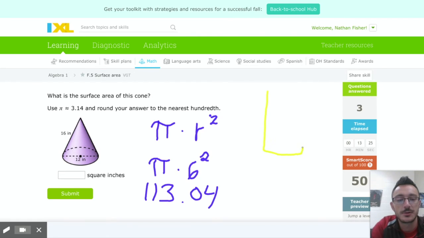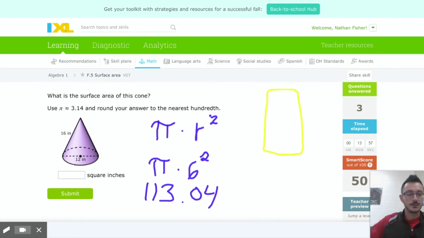And it would be something like that. So I'm thinking that I know the long side is 16. So I know one of our sides is 16. However, because I'm unfolding it, I need the circumference, or how far it is, the perimeter basically of this circle, and that's going to be our other side. That's how much it is when I unfold it.